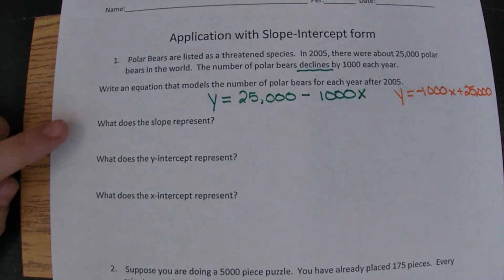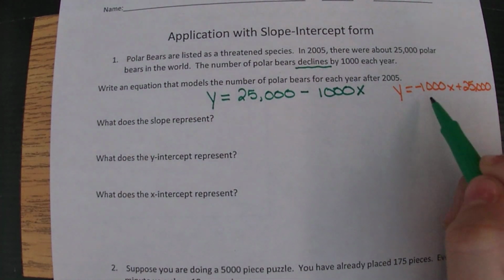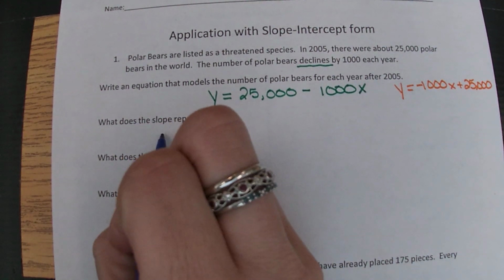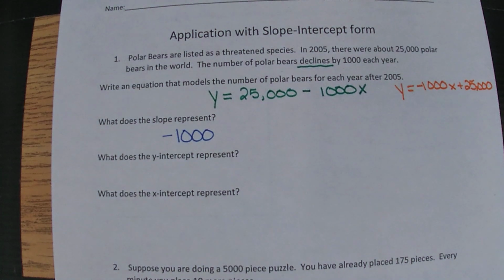Okay, so it then says, what does the slope represent? So slope is our number in front of x. So our slope is our 1,000, or negative 1,000, I should say. Okay, and remember, slope is always representing our y label per our x label, our change in y per our change in x. So we need to know what our x and our y are representing, right? So we have the population of polar bears, and we have years.